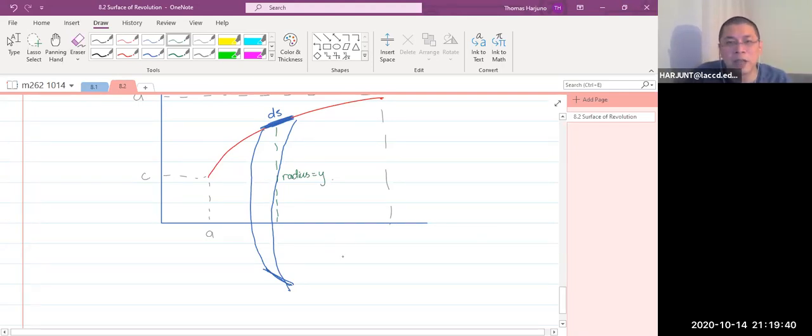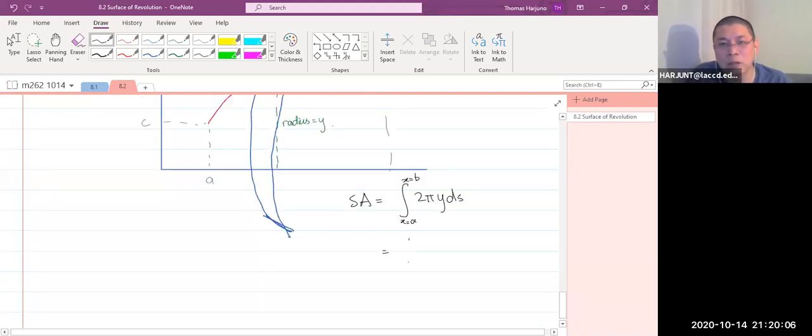Now the surface area can be expressed in 2 different ways. Surface area is the integral from x equals a to x equals b of 2 pi y ds. If you use x, that will be the integral from a to b of 2 pi y square root of 1 plus the square of y prime dx.